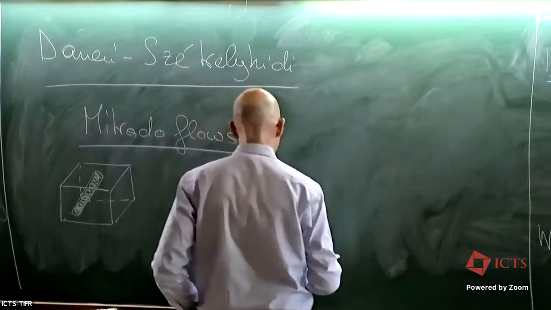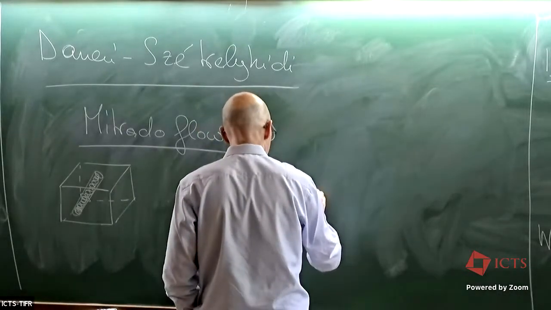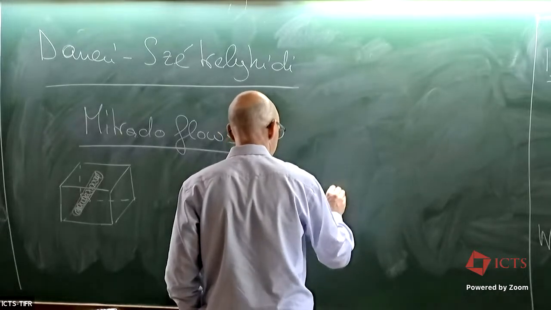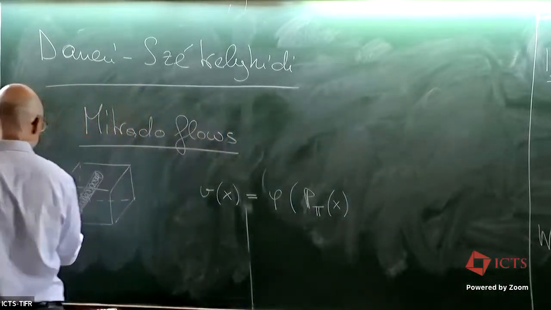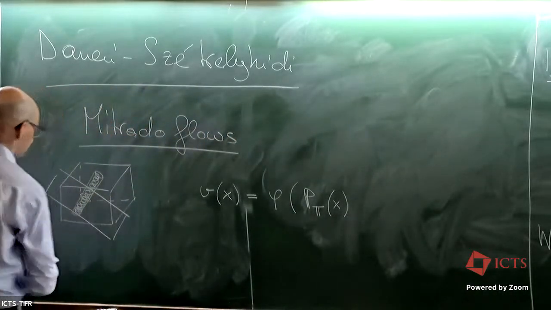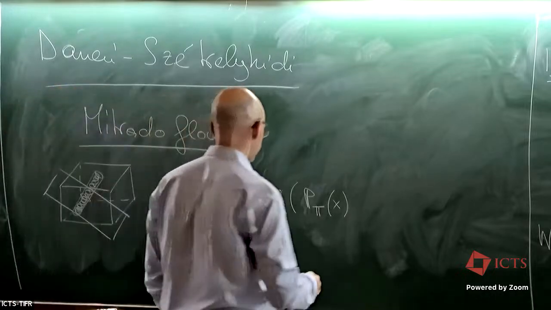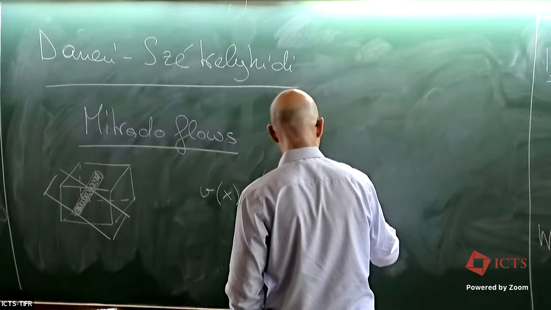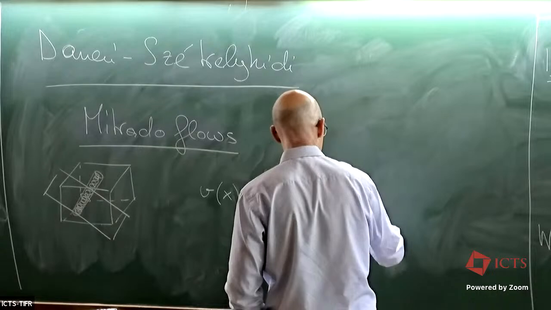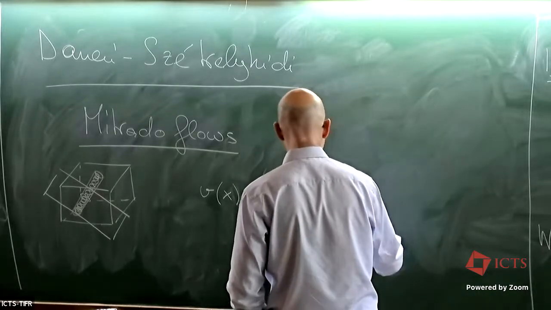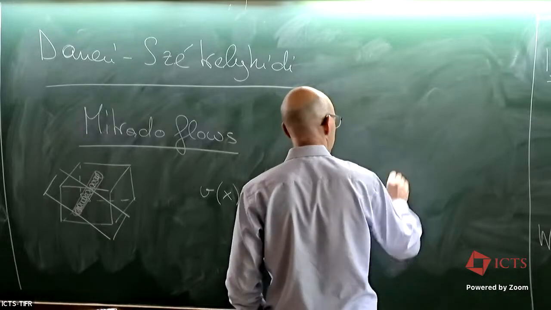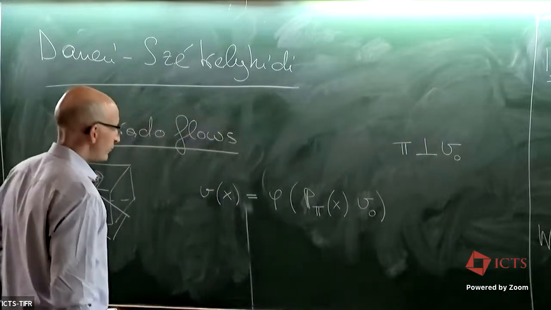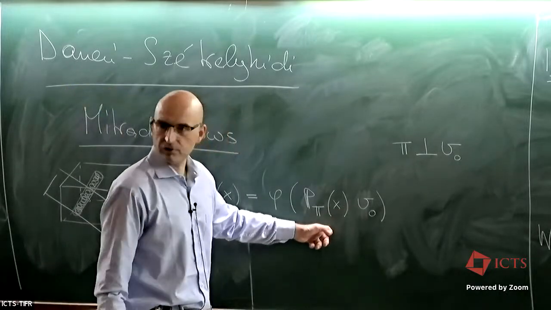So here there's a cutoff function phi, which depends on the projection of X, let me call it this way, projection of X on the plane pi. Okay, and then it's otherwise a fixed velocity, say V0. Okay, and pi is orthogonal to V0. You see right away that the divergence-free condition is okay.